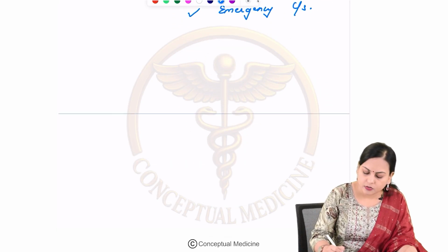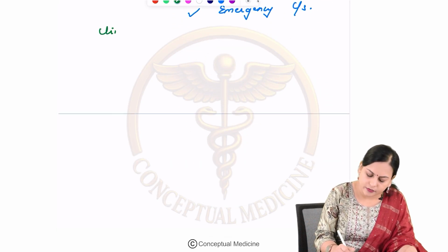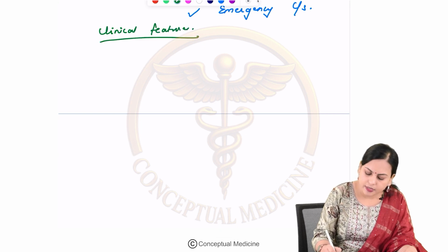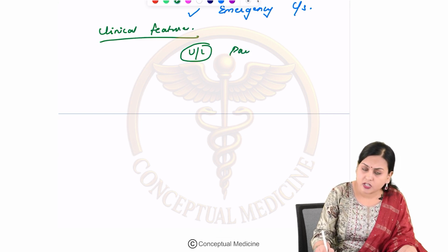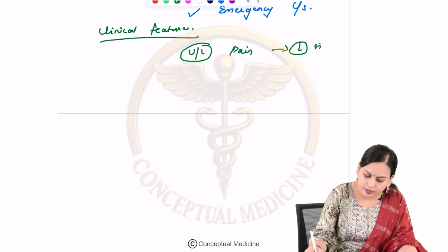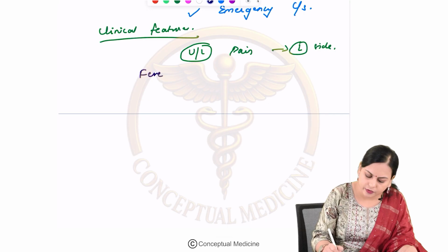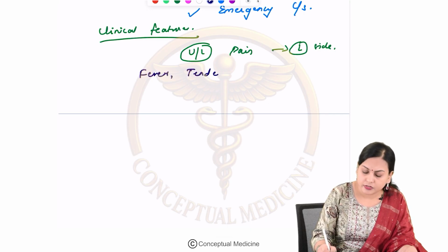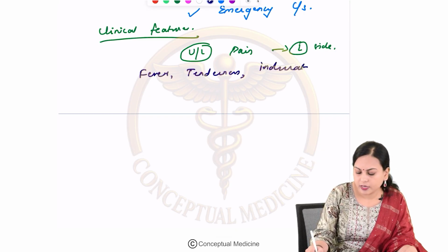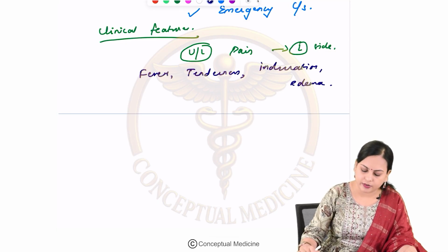Clear? So, what are the clinical features associated with DVT? You will be having unilateral pain, especially in the left side, okay, and this can be associated with fever, tenderness of the leg, and there can sometimes be induration as well as edema. Clear? Right.